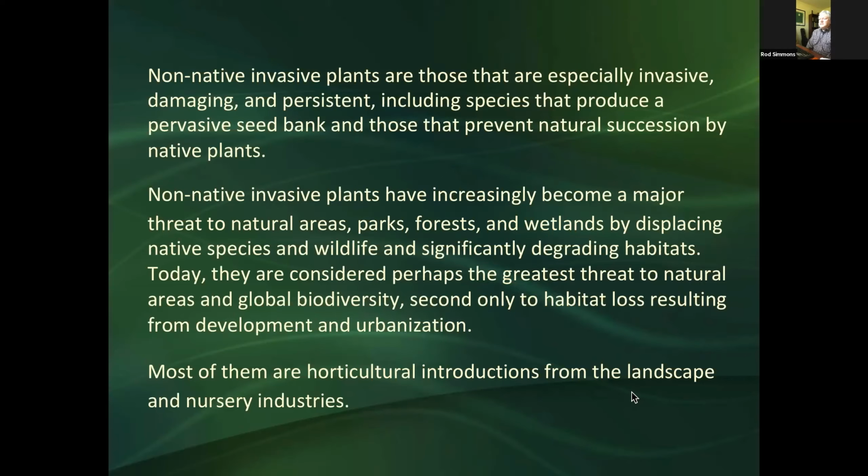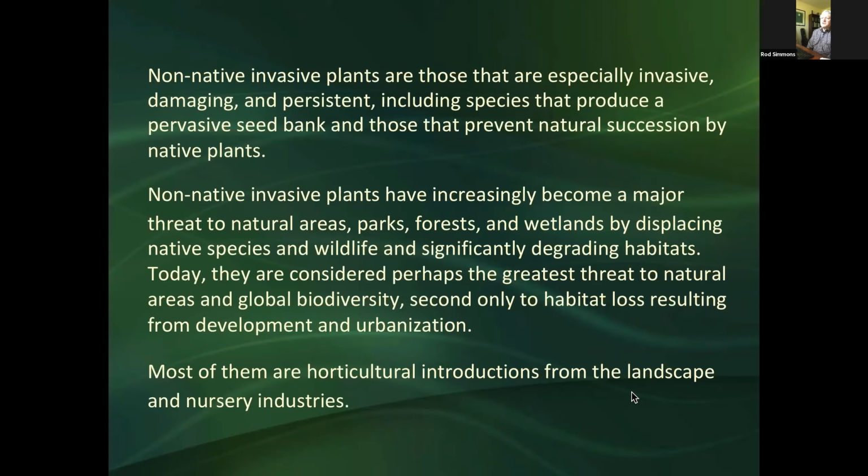Non-native invasive plants are today, and for the past several decades, probably since the 1980s, the greatest threat to natural areas and global biodiversity, second only to habitat loss resulting from development and urbanization. And most of the non-native invasive plants are horticultural introductions from the landscape and nursery industries.